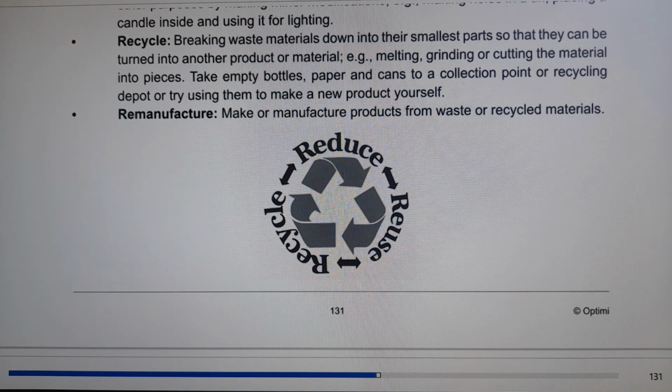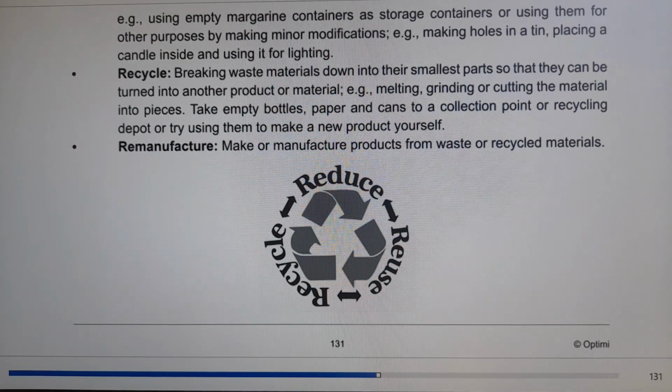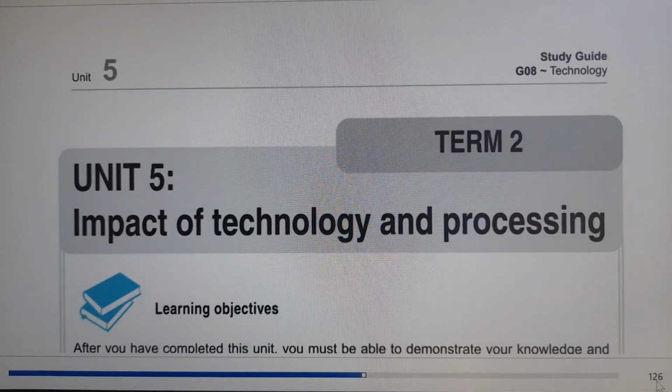Okay, this brings us to the end of our chapter on the impact of technology. Okay, that we have just started, and this will be the only chapter for term 2. So the more you visit this chapter, you study, the more you will do well, and you revise your work for the previous term, for term 1, because that is going to be part of your June exam.